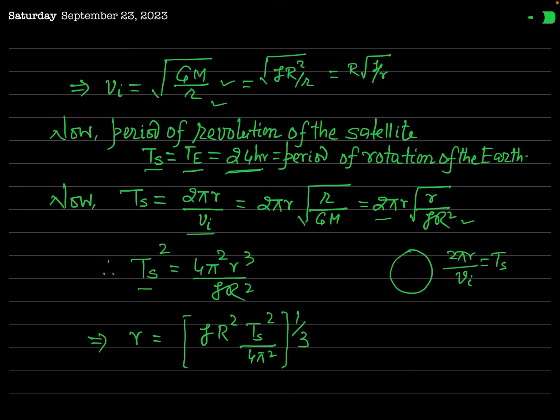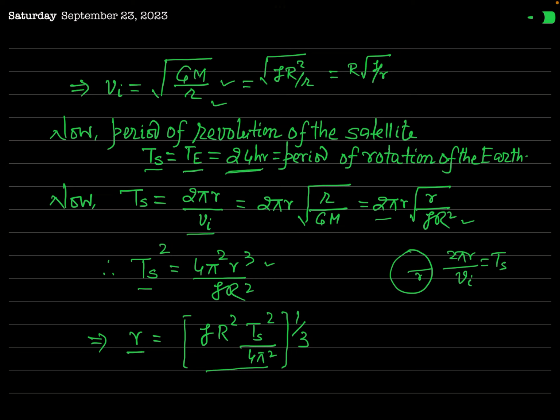This will be Ts square equal to 4 pi square r cube divided by gR square. And from here you can see easily that this small r, which is the radius of the orbit of this satellite, will be equal to the cube root of gR square times Ts square over 4 pi square.